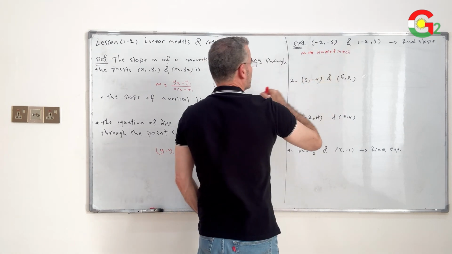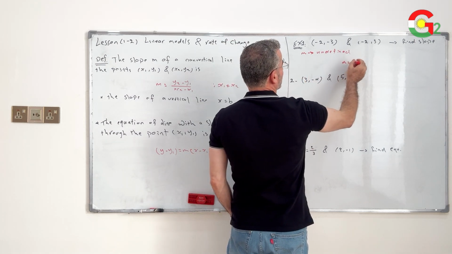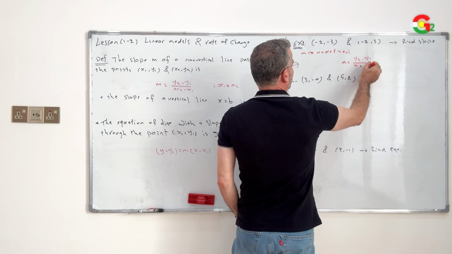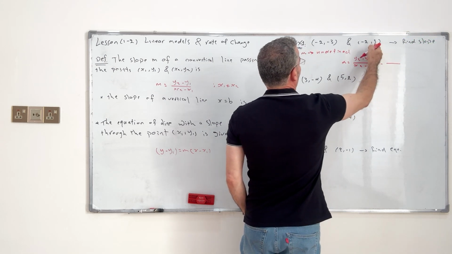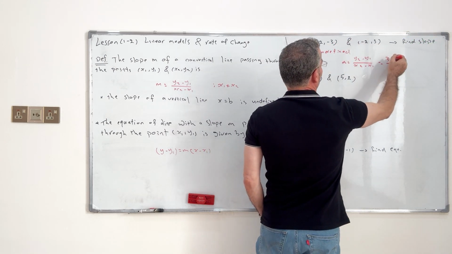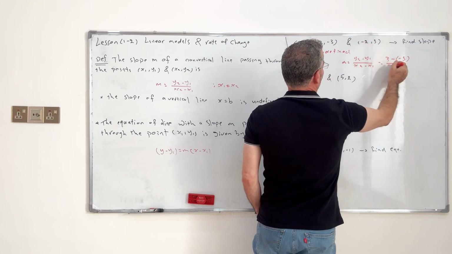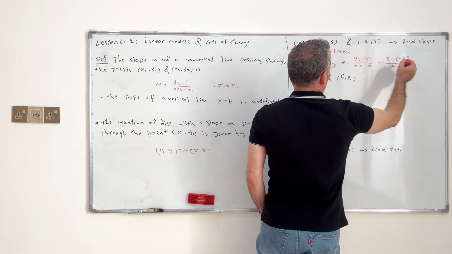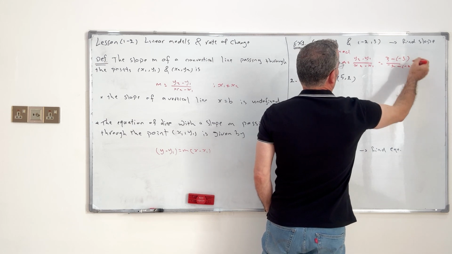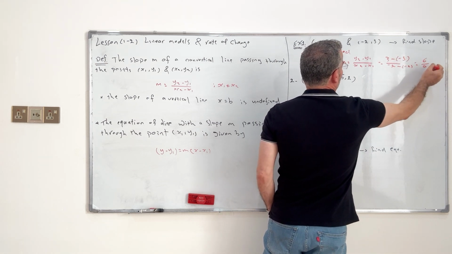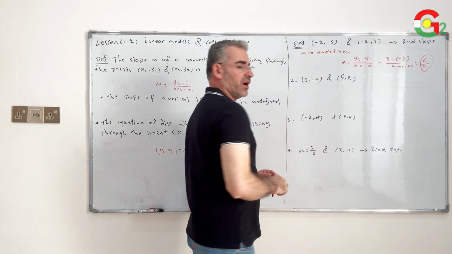Let us apply the formula: y2 minus y1 over x2 minus x1 equals 3 plus 3, which is 6, over -2 plus 2, which is 0. It is an undefined term.